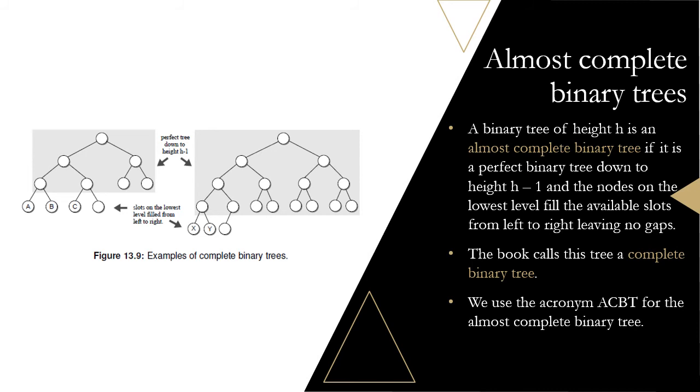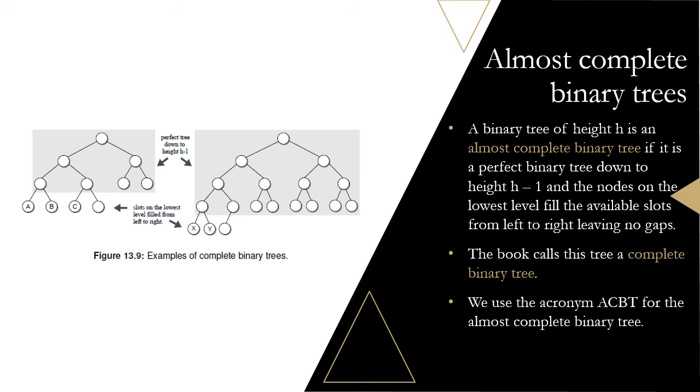If you look at these trees and for some moments ignore the last level, then you see that above the last level, both of these trees are perfect. Now, if you look at the last level, you see that the first slot is filled, the second slot is filled, the third slot is filled in the left tree, and now we are going to fill the fourth slot. So whatever filling we have done of the tree so far, we have not left any gaps.